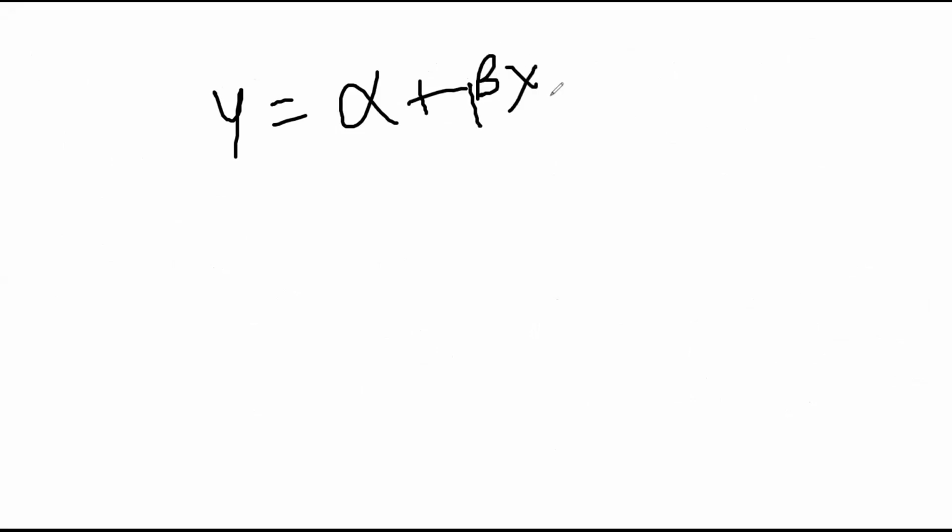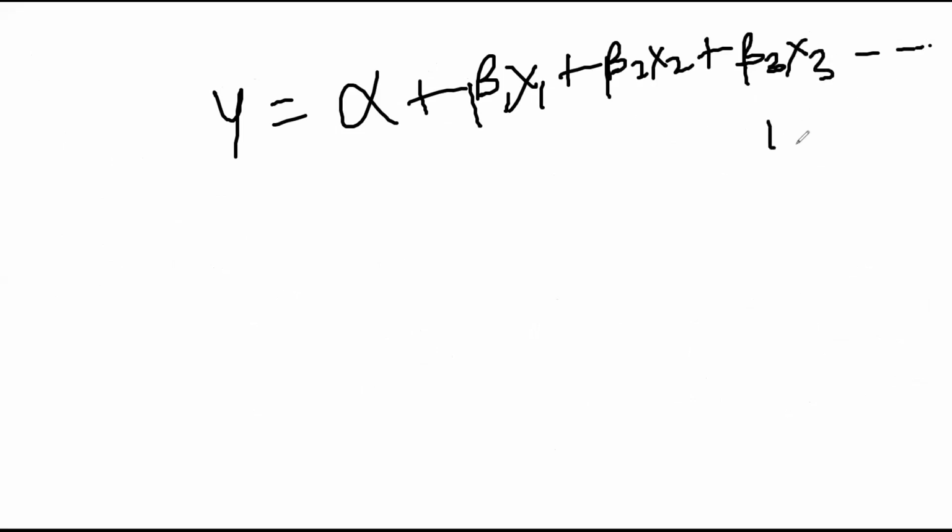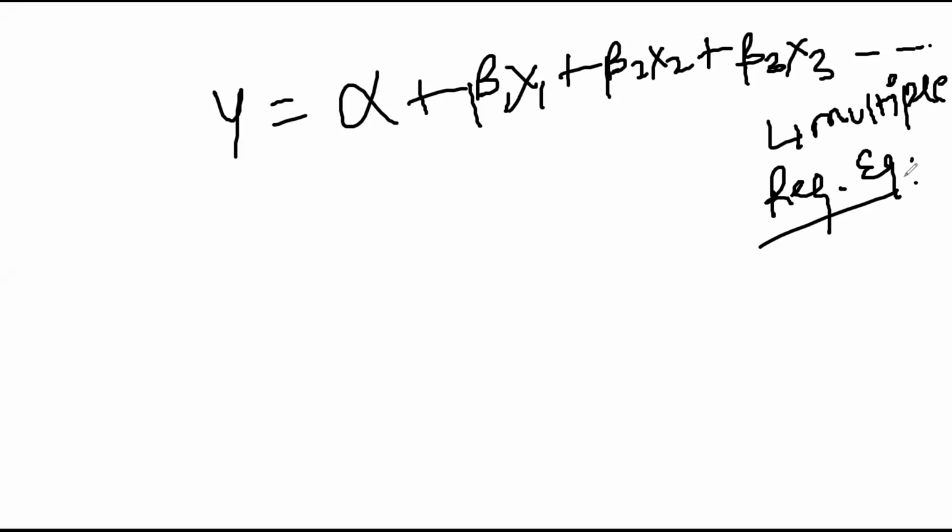This is the equation when you have only one independent variable. But if I increase this, then it becomes b1 x1 plus b2 x2 plus b3 x3 and so on, right? So this is your multiple regression equation.